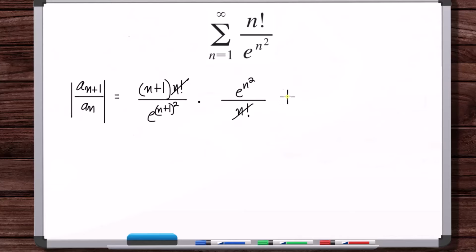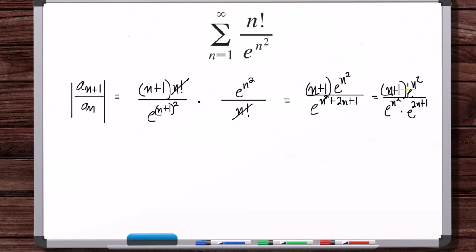So now let's write this, so n plus 1 squared is what? n squared plus 2n plus 1. Okay. So we can write that as e to the n squared times e to the 2n plus 1.